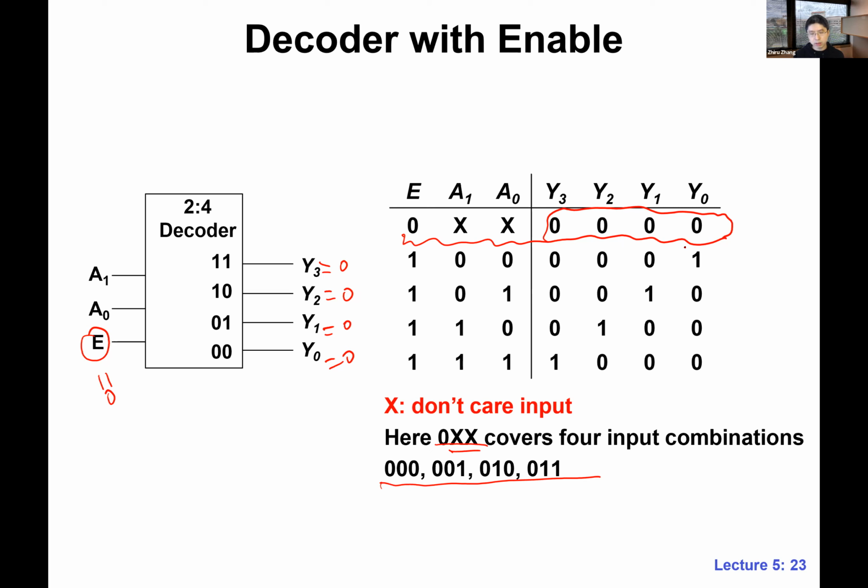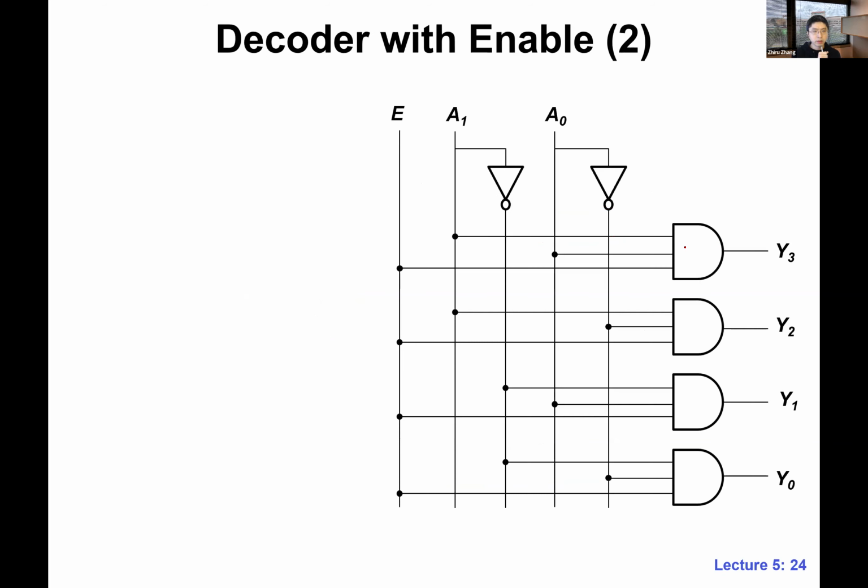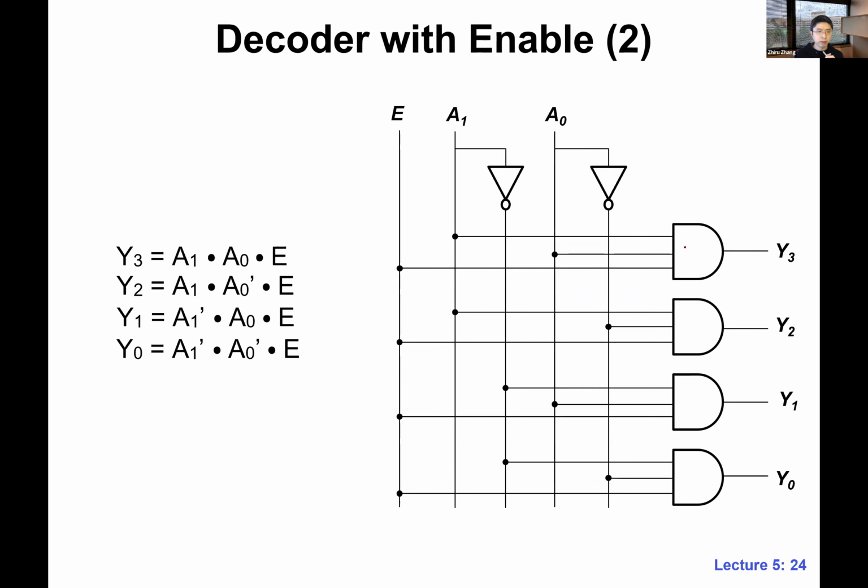And again, this don't care is just like, in case you know programming, a wildcard. You can just replace it with 0 or 1. This basically covers 4 combinations for a single row. Does it make sense? This is a decoder with enable. And this is how the circuit diagram looks, and the corresponding Boolean expression.